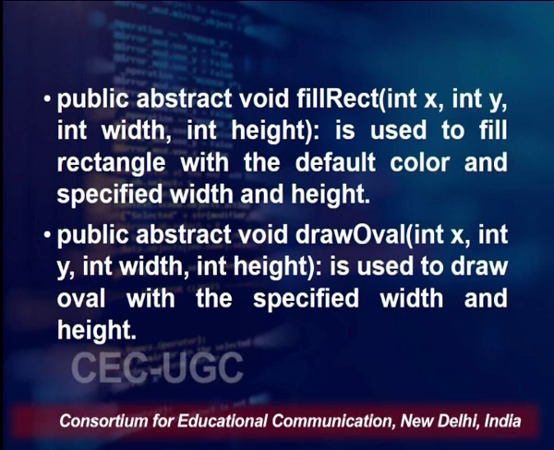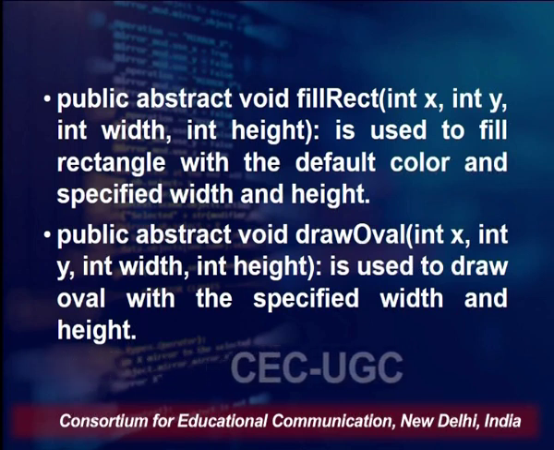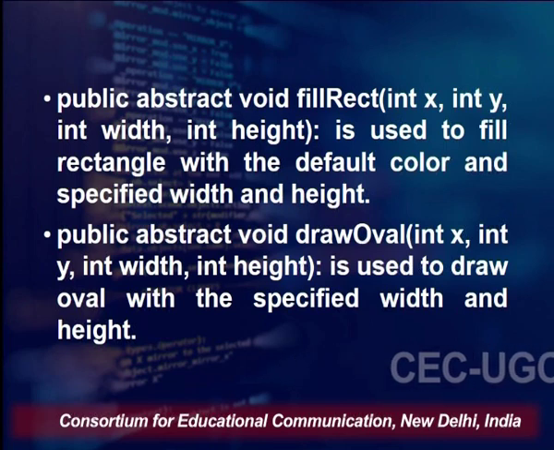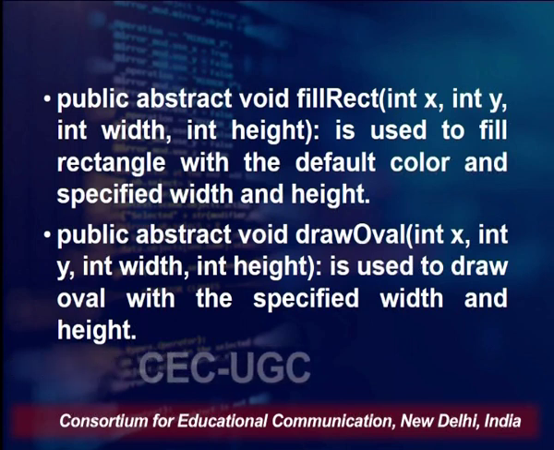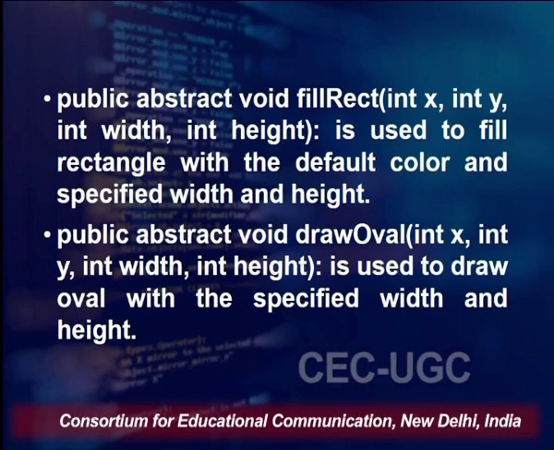So, public abstract void fillRect, and the 4 parameters, similarly x, y, width and height, and it is used to fill the rectangle with the default color. Now, the default color can be changed, and you can play around with that. So, with the default color, a rectangle will be drawn and filled with that color, and obviously the width and height are as specified.